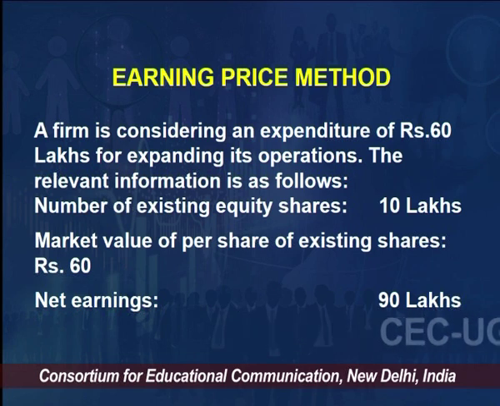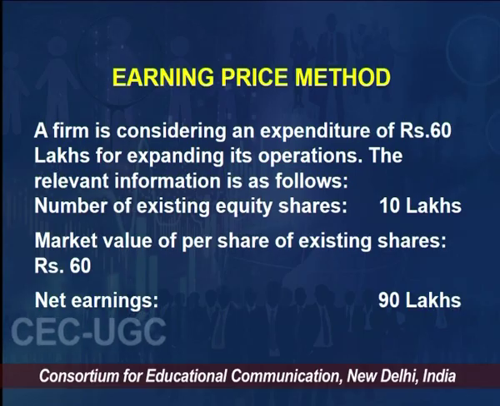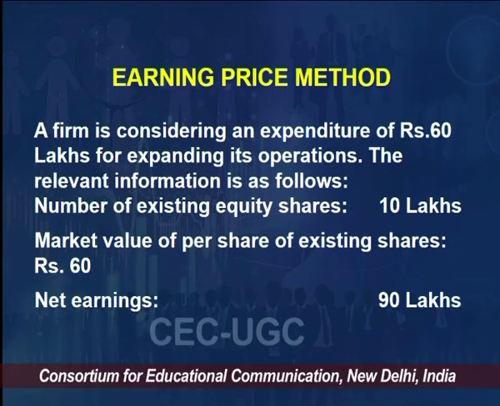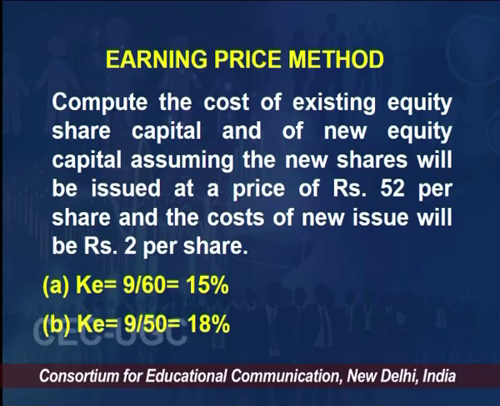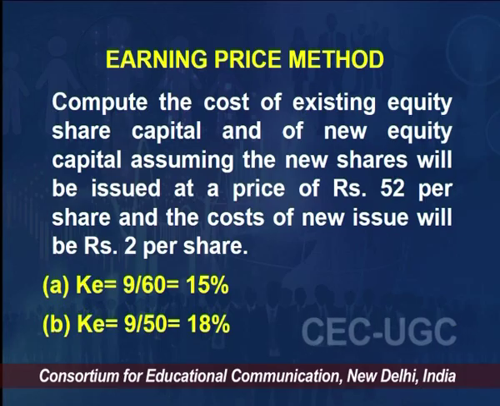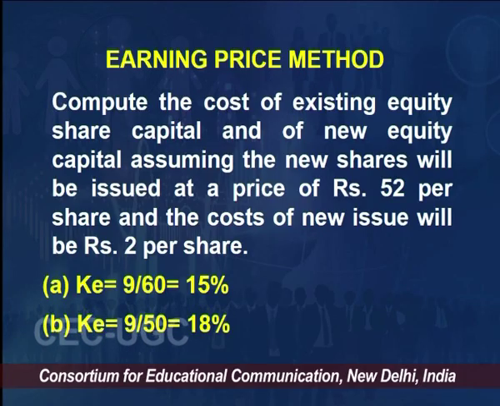The relevant information is as follows: the number of existing equity shares is 10 lakhs, the market value per share of existing shares is 60 and net earnings are 90 lakhs. Compute the cost of existing equity share capital and new equity capital, assuming the new shares will be issued at a price of 52 per share and the cost of new shares will be rupees 2 per share.